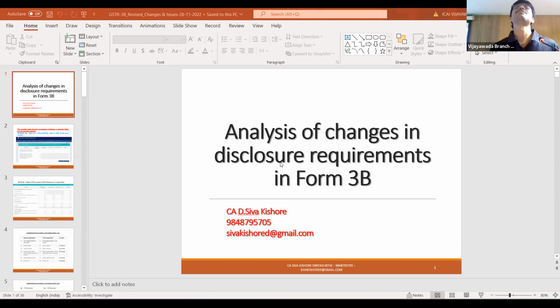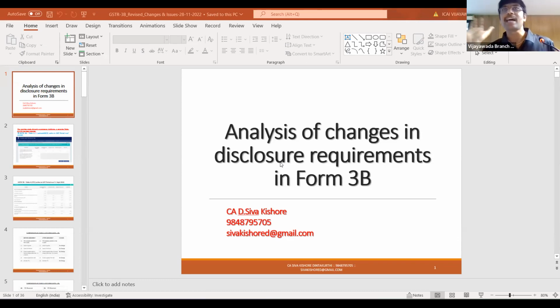Am I right? But please make sure that any omission or deletion or rectification of a particular 3B will make the 3B red, the only color, which may trigger an inquiry from the department. But please make sure you have all the data, and also ECO is required to punch the data in his return also.